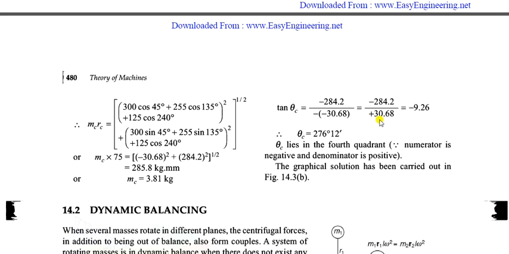So we are in the fourth quadrant, so how will we get this 276? We will get this by doing 360 minus. The angle is 83.83 and we are in the fourth quadrant, so how will we calculate this angle? If you are measuring from the x-axis counterclockwise, we will do 360 minus 83.83.